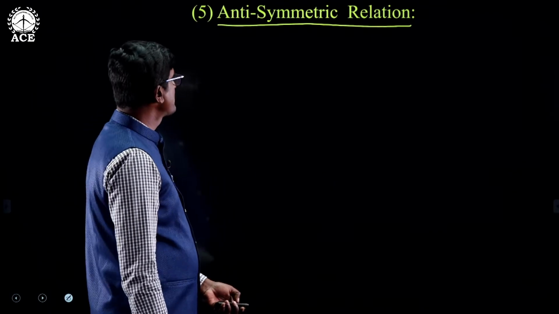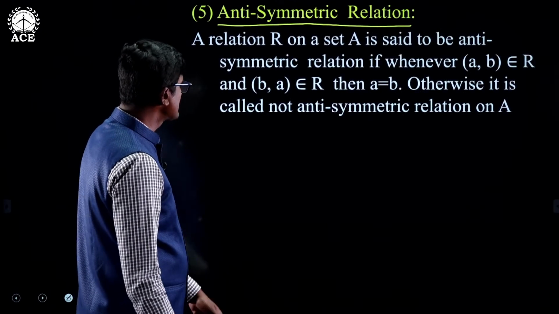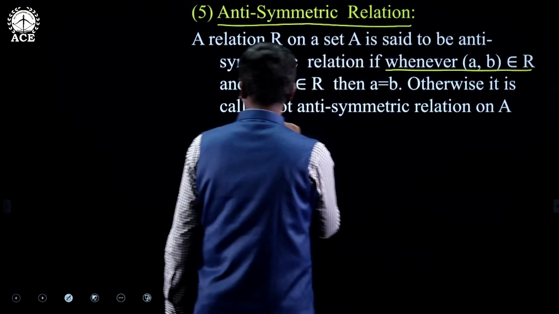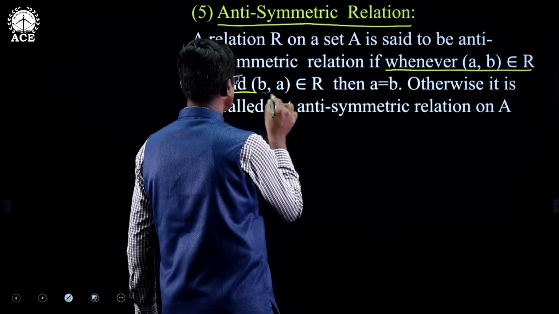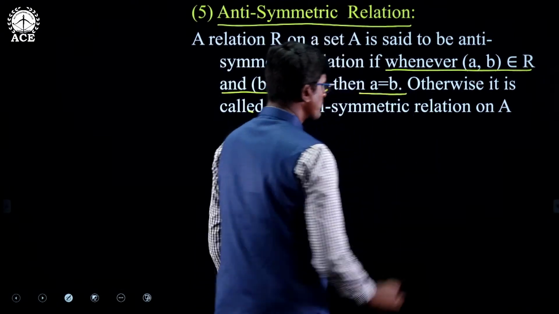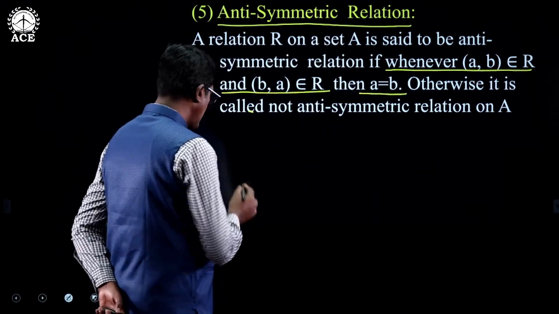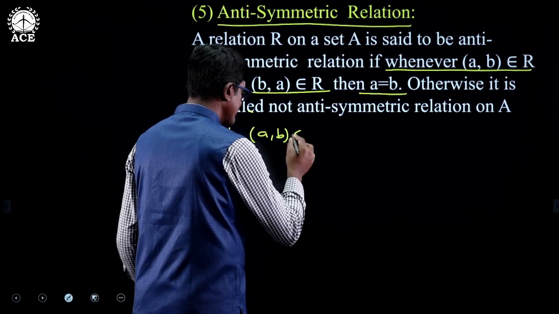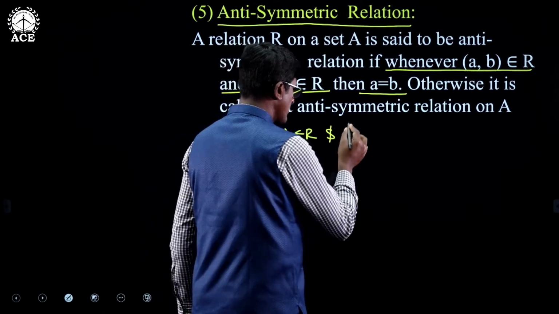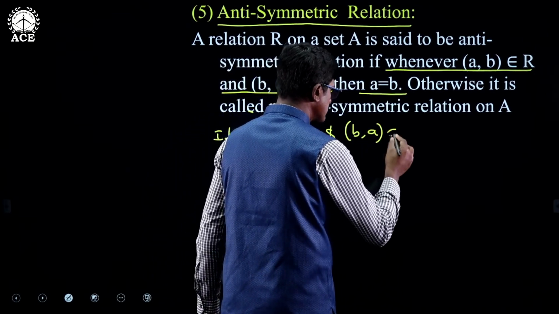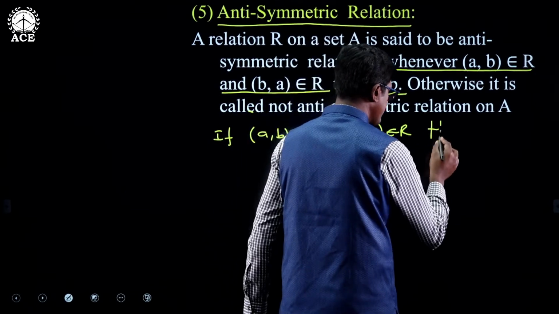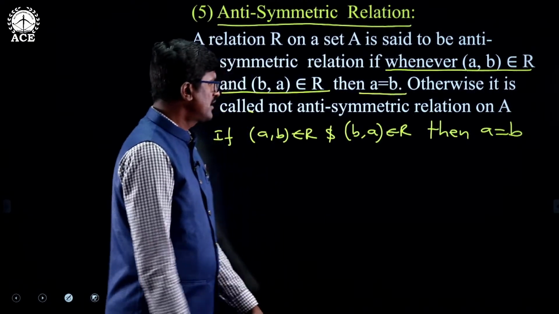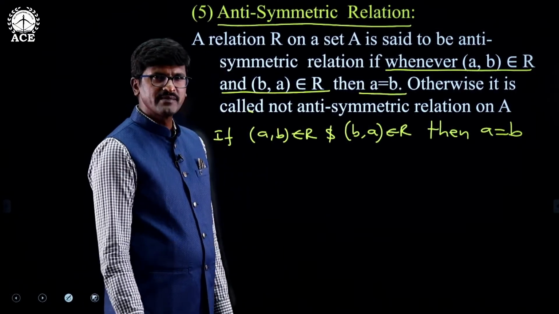Now let us see what is antisymmetric relation. The antisymmetric relation says that whenever (A,B) belongs to R and (B,A) belongs to R, then A must be equal to B. That is the condition for the antisymmetric relation.